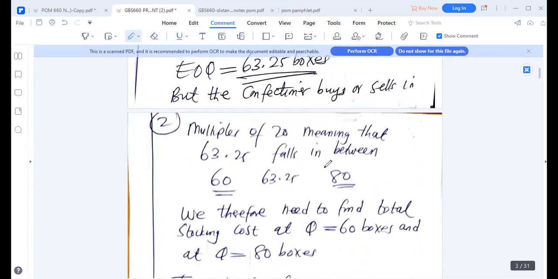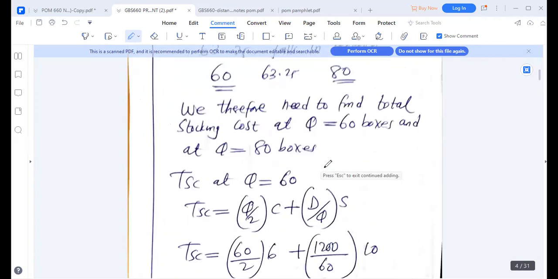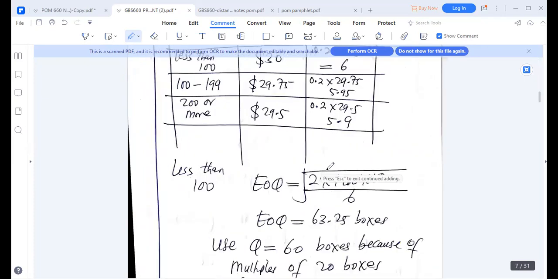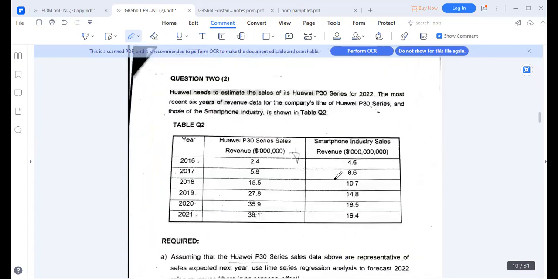Then we have this question 2, where we are saying this company needs to estimate the sales of the P30 series for 2022, given the most recent 6 years of revenue data for the company's P30 series and those of the smartphone industry, shown in the table.